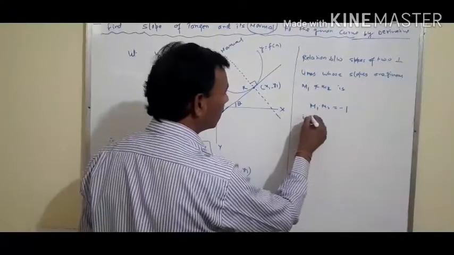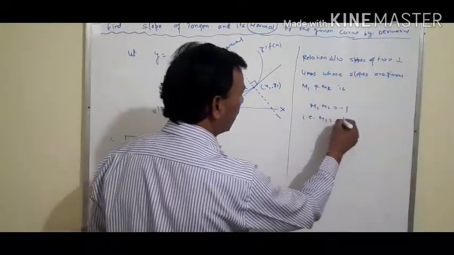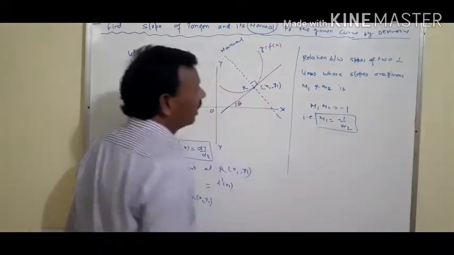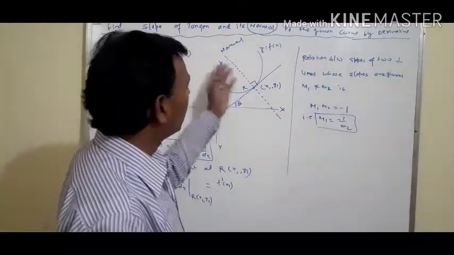That is m1 equal to -1 upon m2. This is the relation between the slopes of two perpendicular lines.